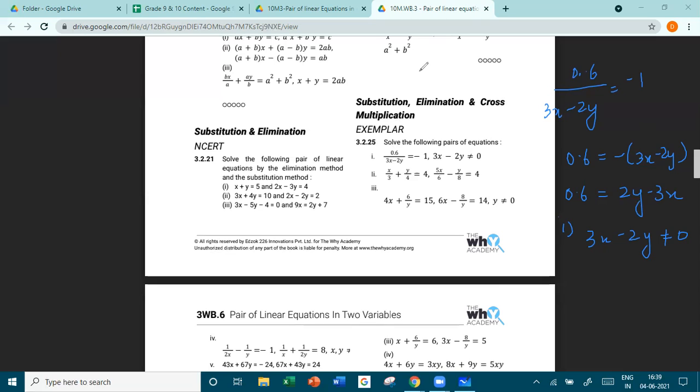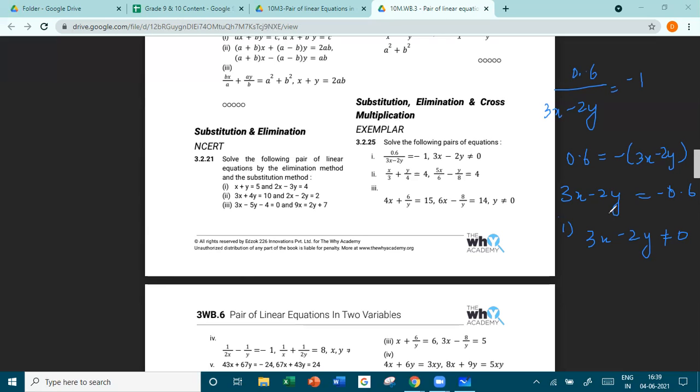Wait, just 1 second. I did not have to do this. I had to keep it like this only. And now if I write it as 3x minus 2y is equal to minus 0.6, right? So both the equations are, okay, I'm not sure how should I explain this to you.